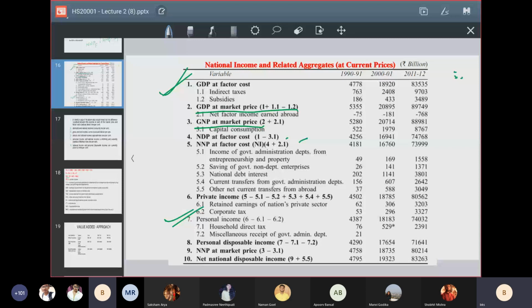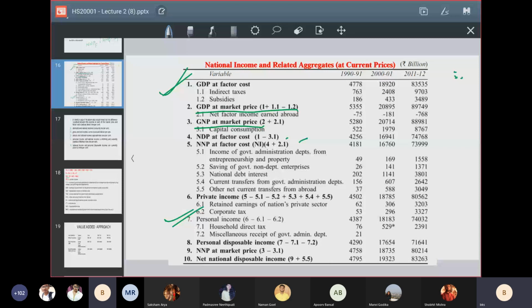If we look at this table carefully, what do we see? If you see the difference between the market price and factor cost, say your GDP at factor cost and GDP at market prices, these differences stand about 9%.